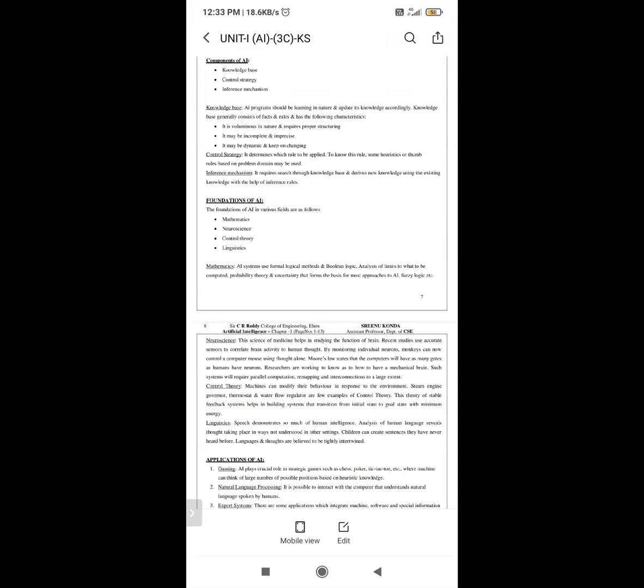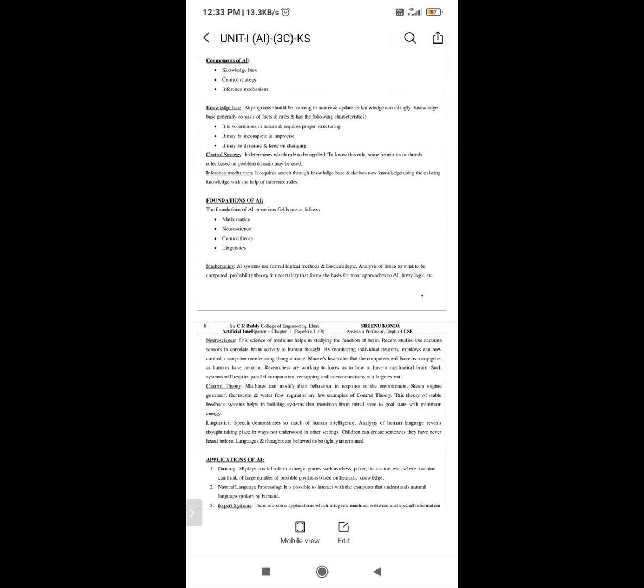So analysis of limits to what can be computed, probability theory and uncertainty form the basis for most approaches in AI.